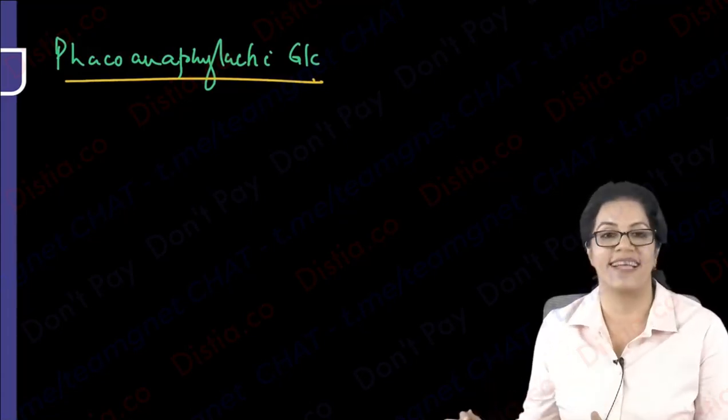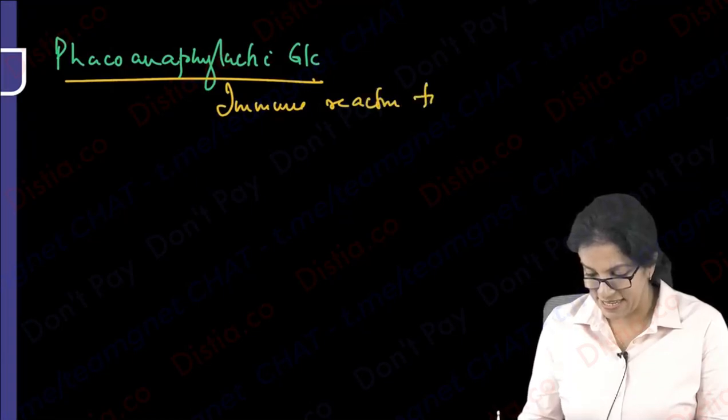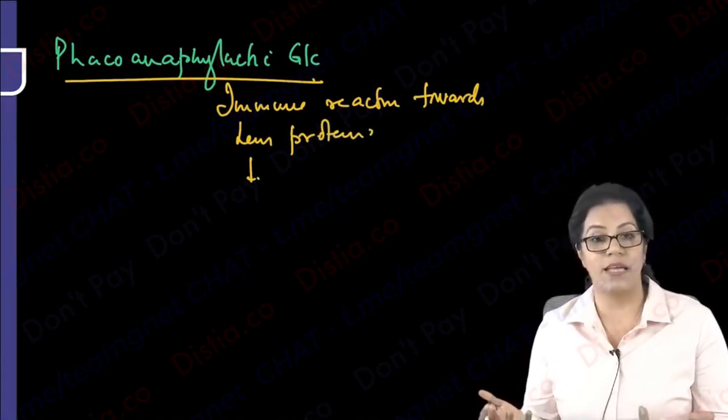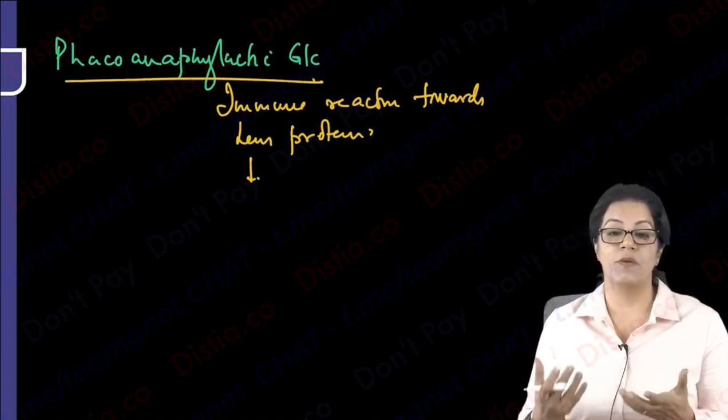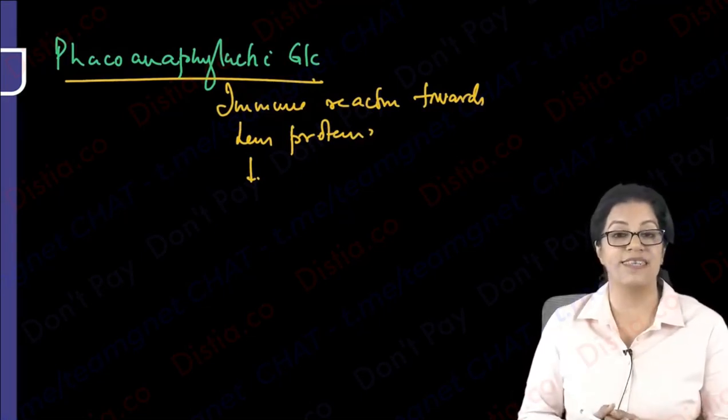This is phacoanaphylactic. So let us write down what is happening: immune reaction towards the lens antigen, towards the lens protein. When there is immune reaction towards the lens protein, it's like a foreign body to the body itself, because it's not exposed to your immune system.